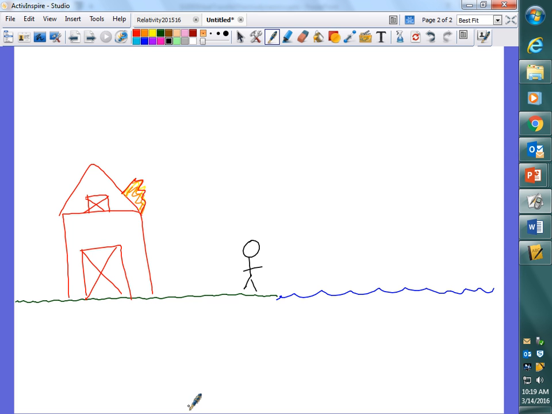So all the townspeople come to help out the farmer, and they bring their buckets with them.